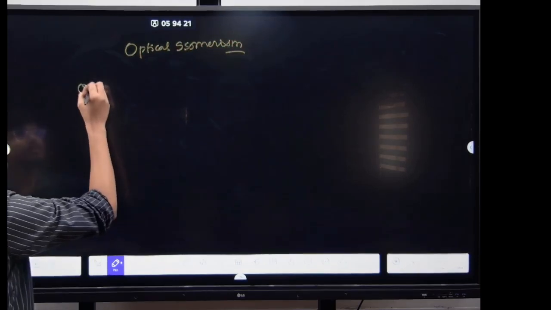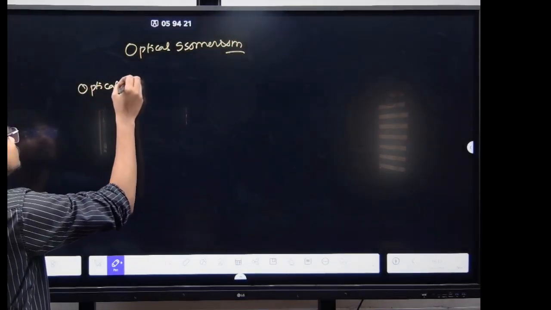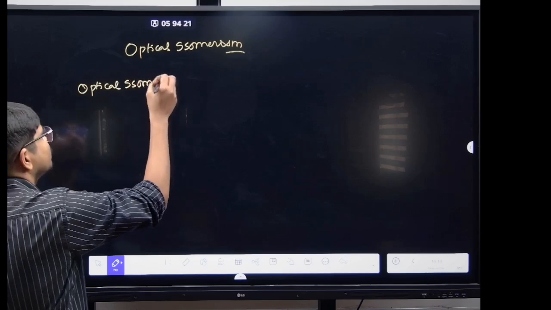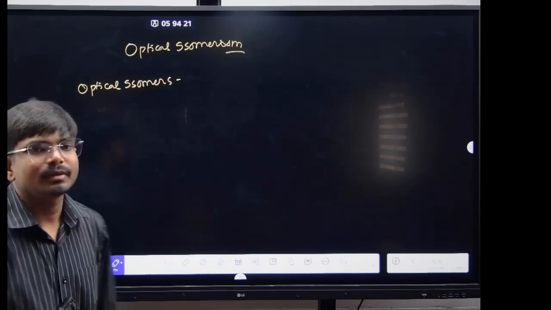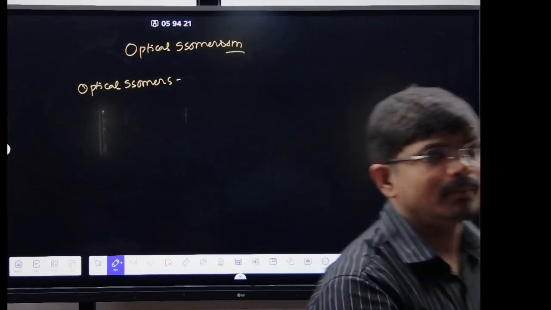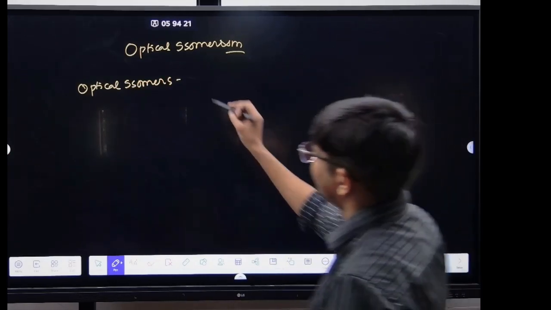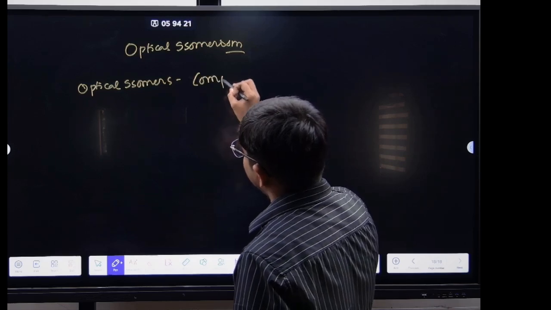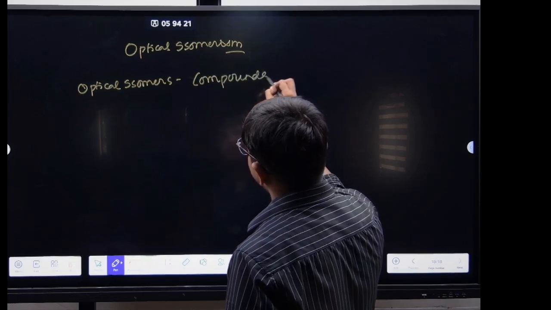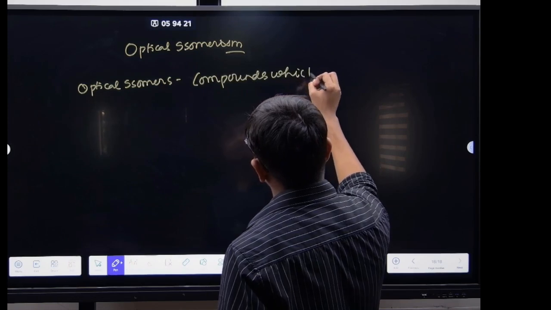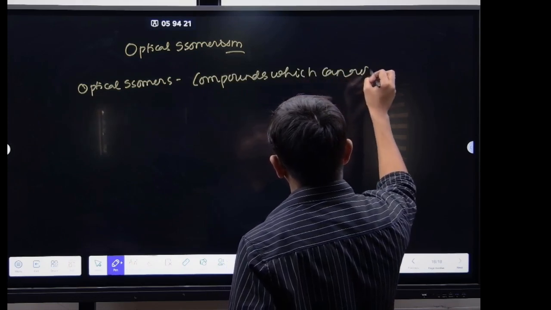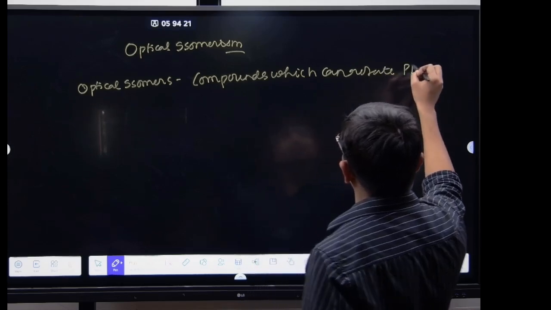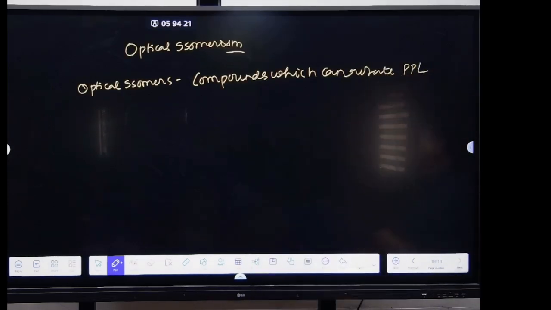Optical isomers means compounds which can rotate plane polarized light. Compounds which can rotate plane polarized light are known as optical isomers.